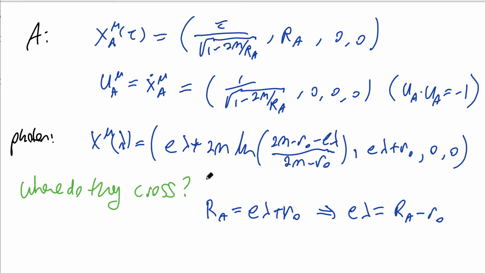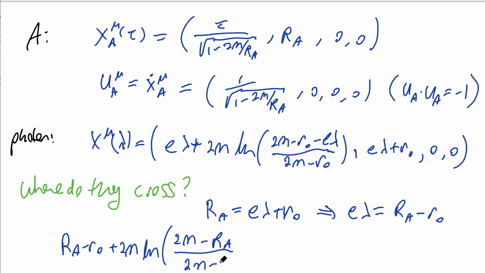So from here we have r sub a minus r naught plus 2m times the natural log of 2m minus r naught, but that will cancel the minus r naught from E lambda. So we just have 2m minus r sub a, all of that divided by 2m minus r naught. And that's the 0 component of the photon world line.